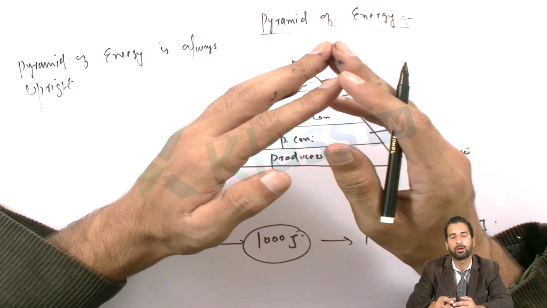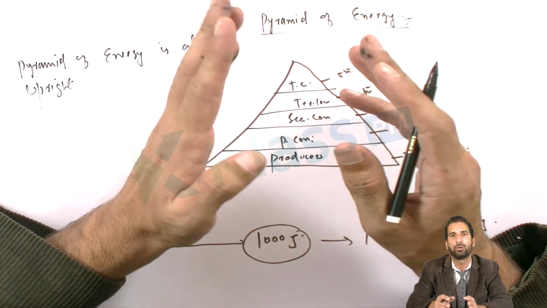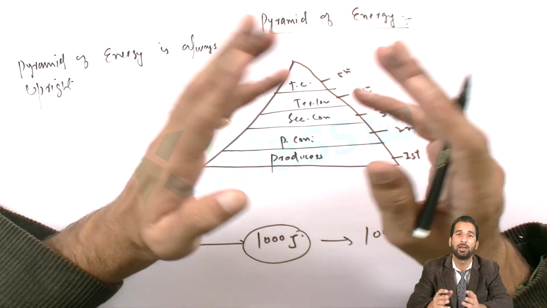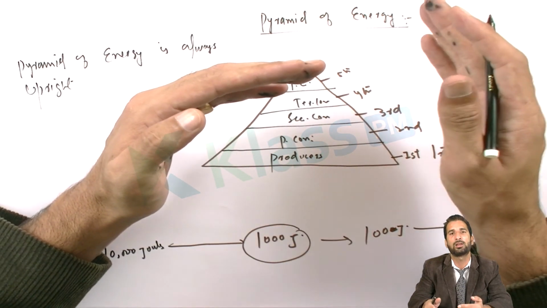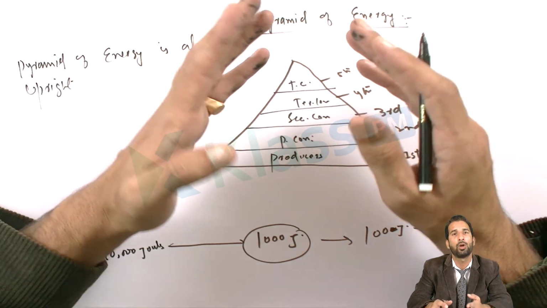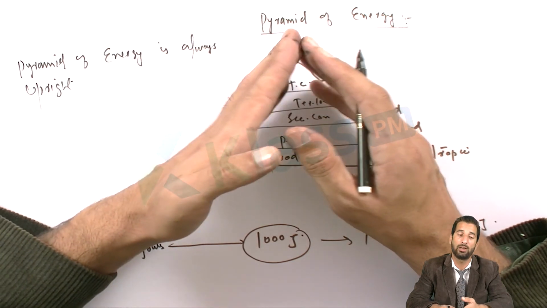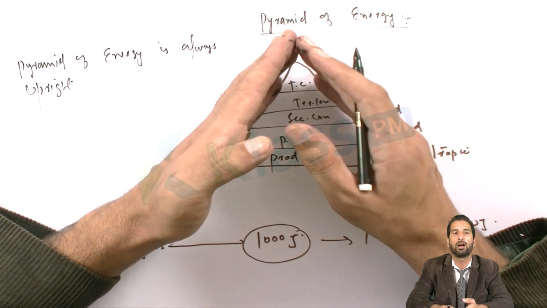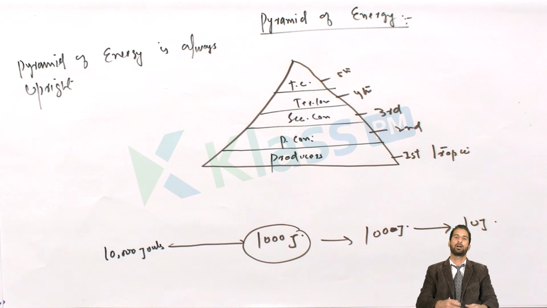After that, we explained what pyramids are, what the food chain is, and what the food web is. The food chain is the process in which one organism eats another organism, and is itself eaten by the next organism.